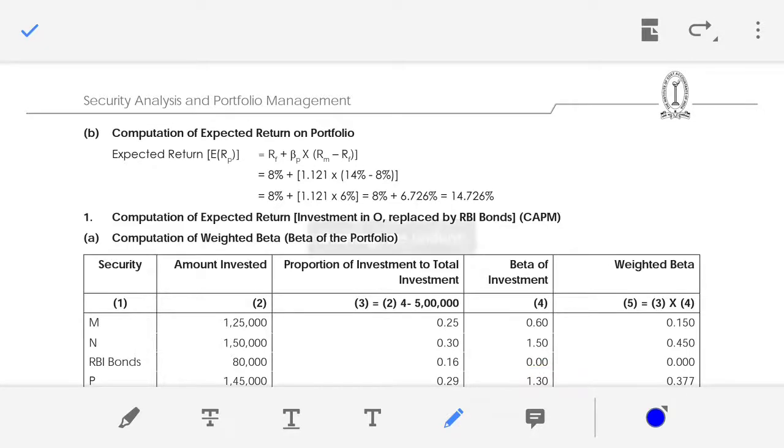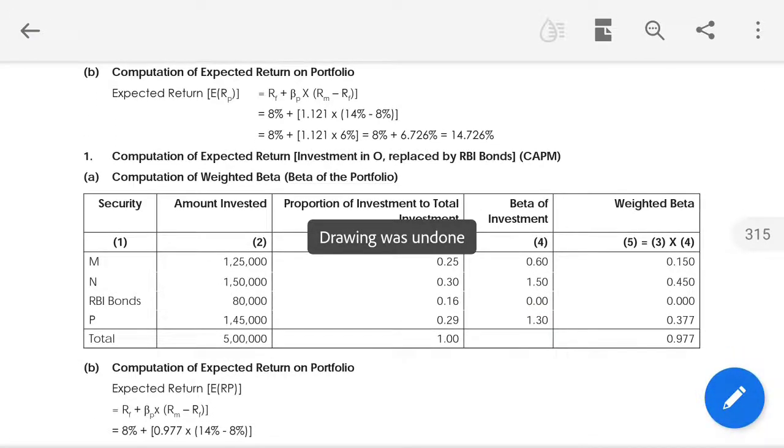1.30 for the last one. So to get weighted beta we need to multiply 0.25 into 0.6, that is 0.150, 0.450 and 0.16 into 0.